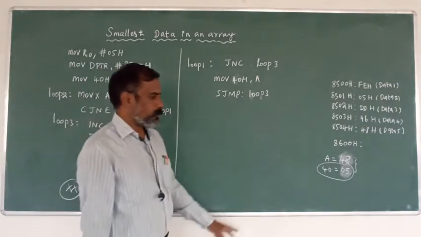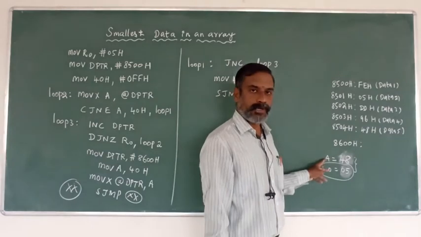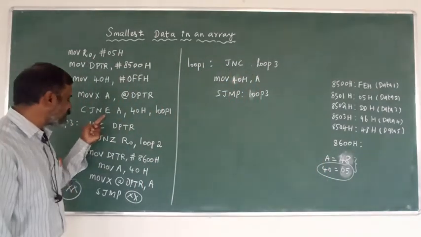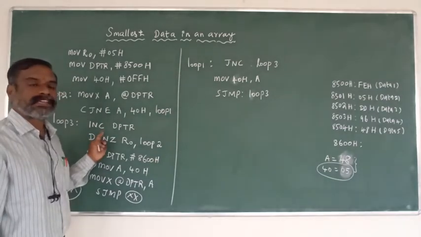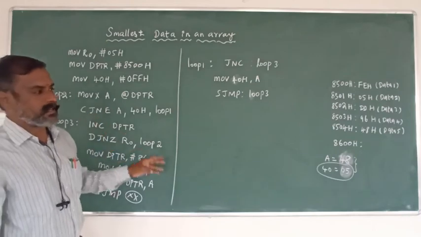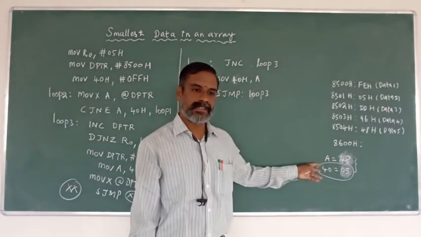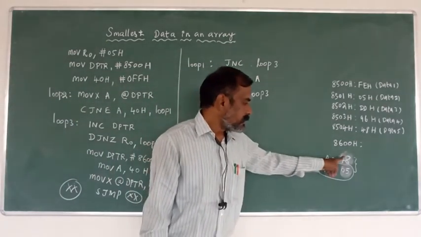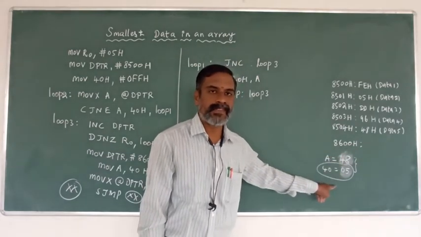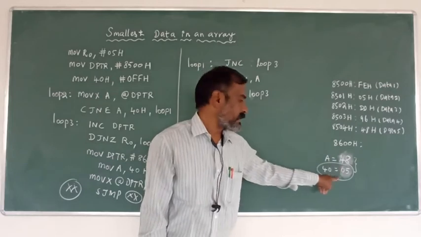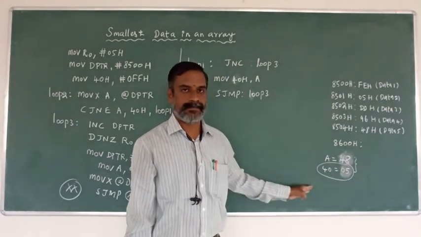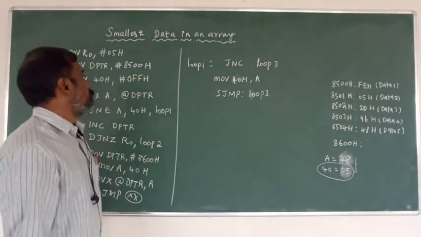Okay, suppose both data are the same. This condition will be unsatisfied. Now directly increment to the next address of the data pointer. Why? Because both data are the same. Same means, if this is 45 and this is also 45, there is no need to move the accumulator data to 40H. So we can directly compare with the next data. Okay.